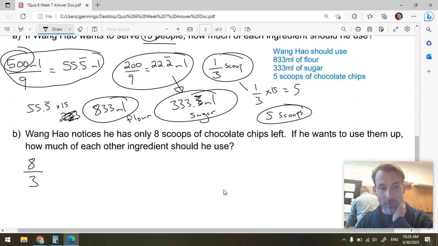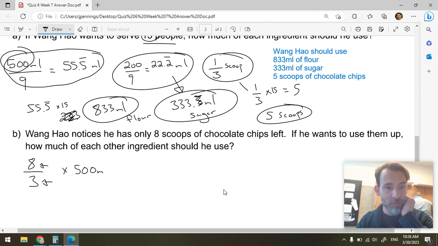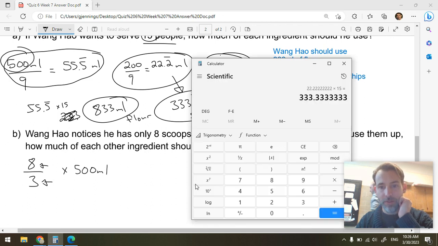If I divide how much we have by how much we usually use, it'll tell us how many times we can be doing this recipe. In other words, 2 2/3 times. So I take that number and I'll multiply it by 500 milliliters. So 500 times 8 divided by 3 equals 1,333.